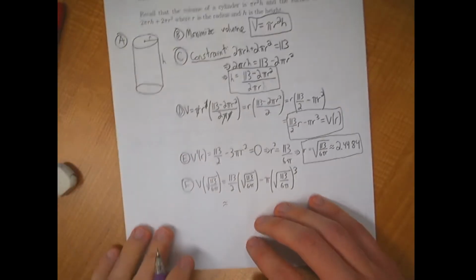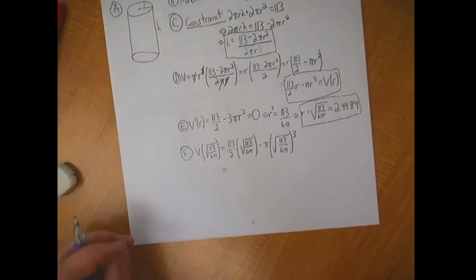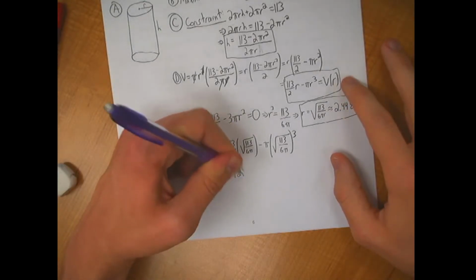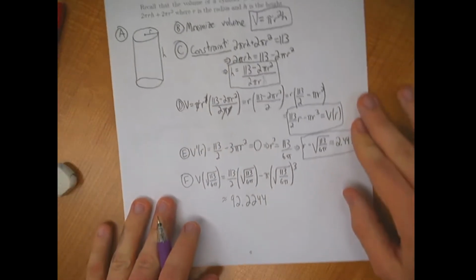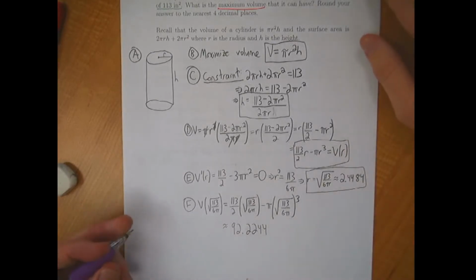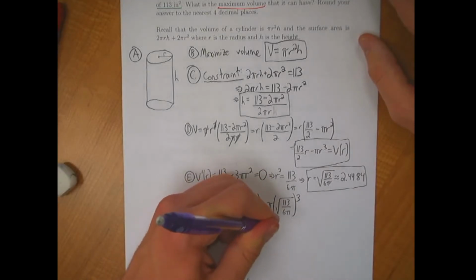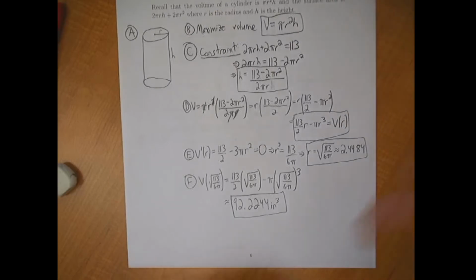If you plug that into a calculator and round to 4 decimal places, what should you get as your final answer? 92.2244. Yep. And because of the units given in the problem, our volume should be in terms of what? Cubic inches. Okay, and that's example 5.